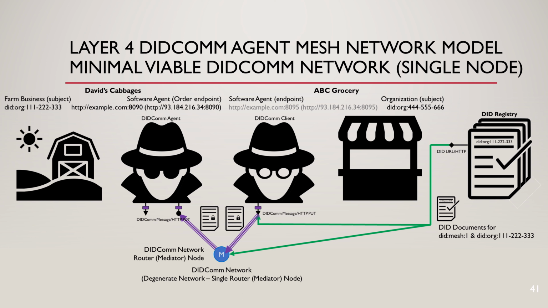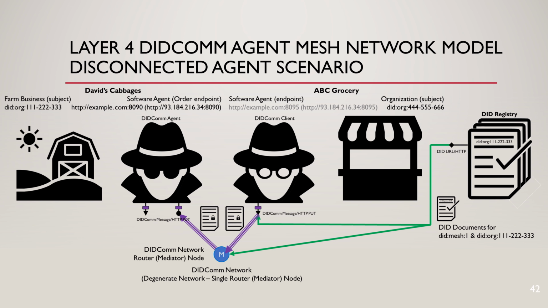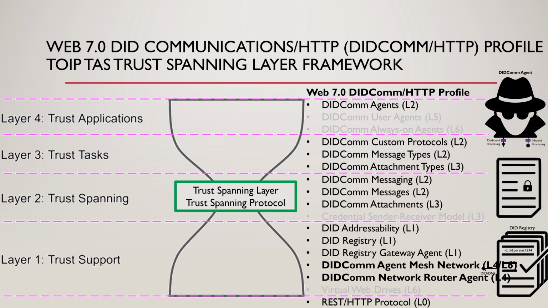So what do we need to add in terms of the Hourglass framework to realize layer 4? With layer 4, we add the DIDComm agent mesh network and the DIDComm network router agent.